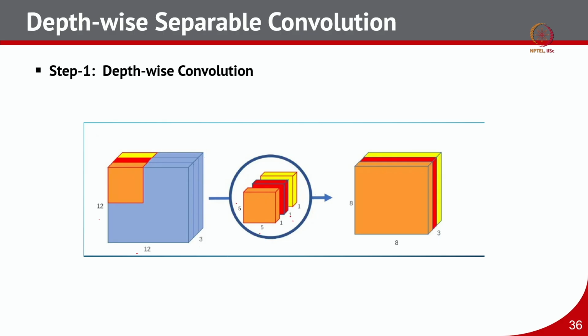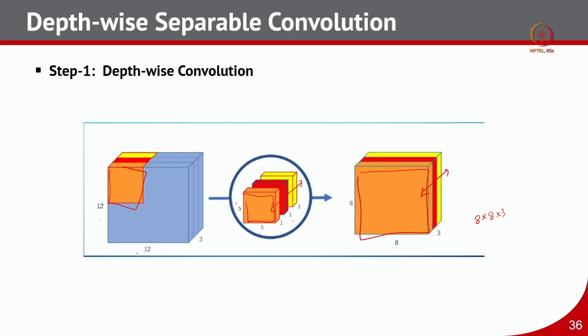In depthwise convolution we do not add the values across the channels. We convolve each channel with each filter and then just put them in one plane. In regular convolution we add across the channels, right. So we will have this 8 by 8 by 3 image.